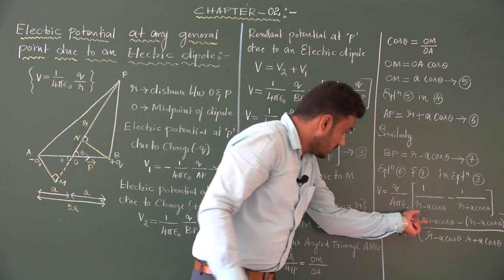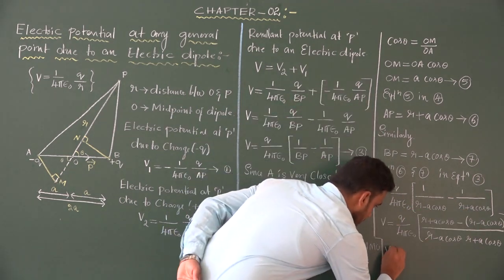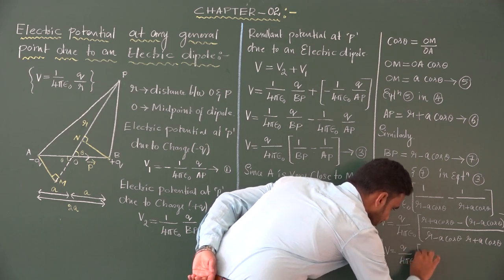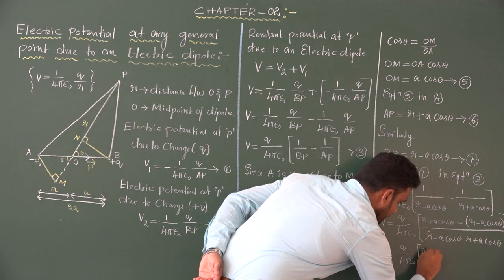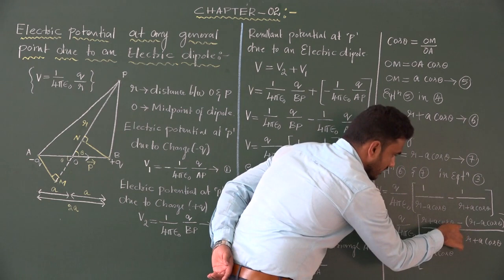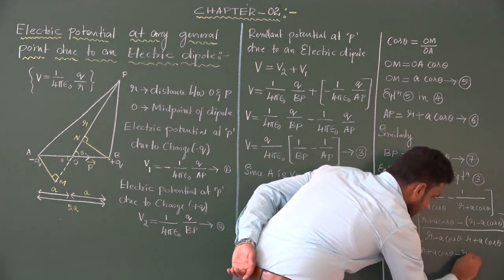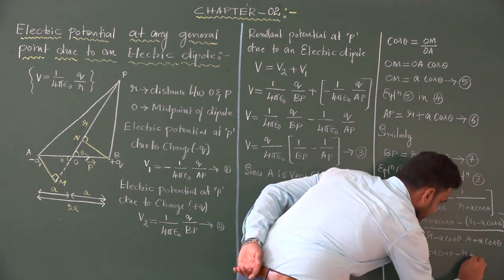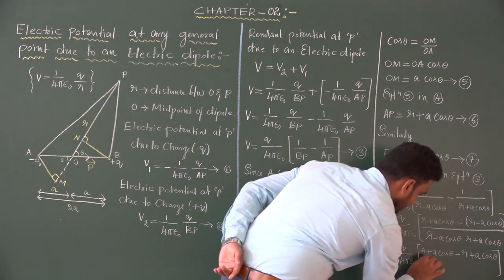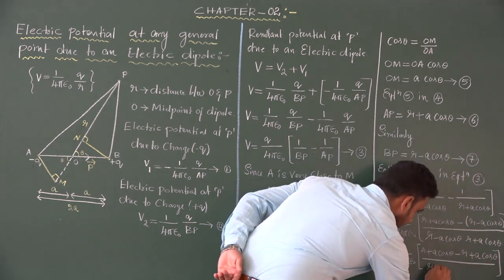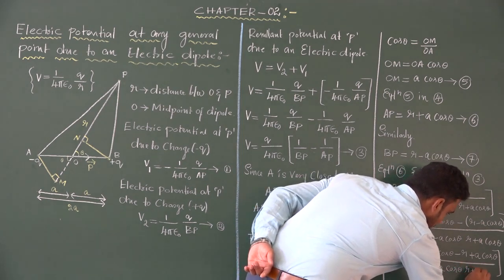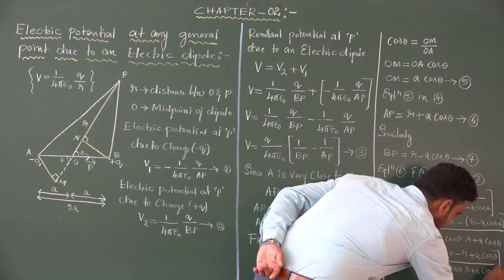Now let us solve the numerator first. R plus a cos theta as it is. Here minus into plus, minus R, minus into minus, plus a cos theta.